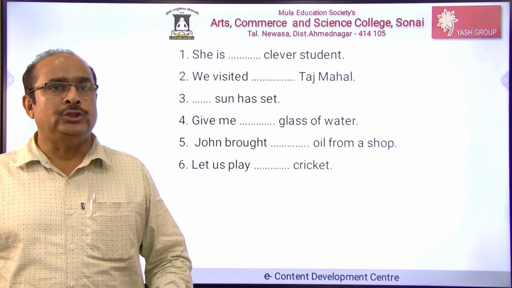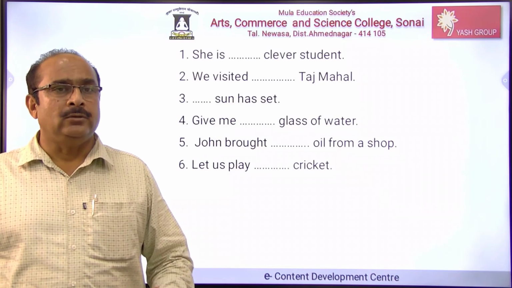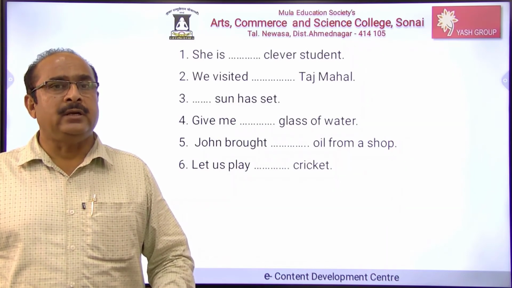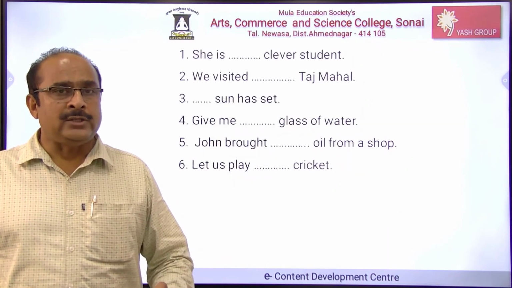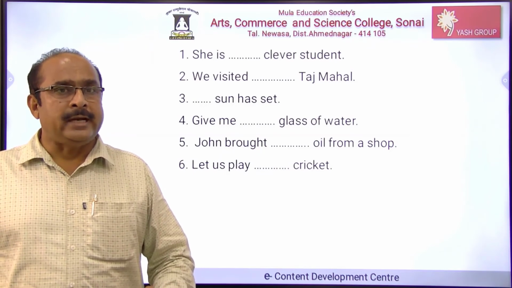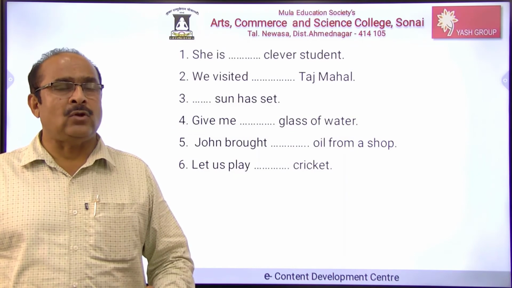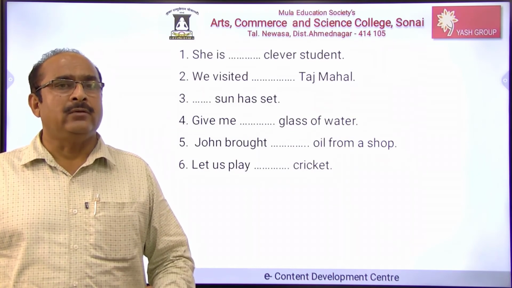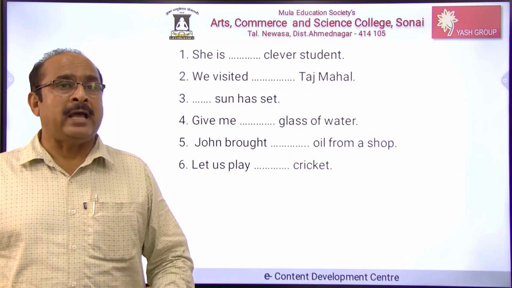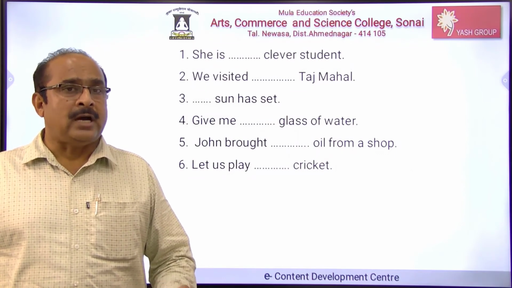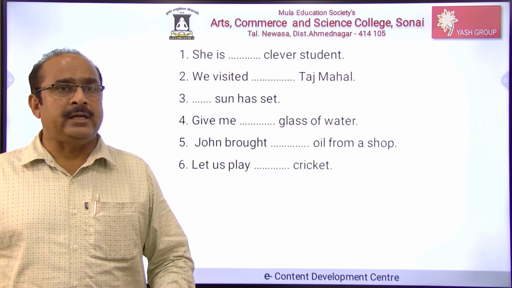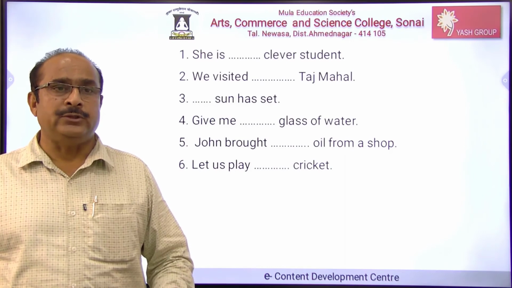We have to say: John brought oil. Even though it begins with a vowel sound, oil is non-countable. And since it is non-countable, we should not think to use a or an or any other article, right? So zero article is there. John brought oil from a shop.